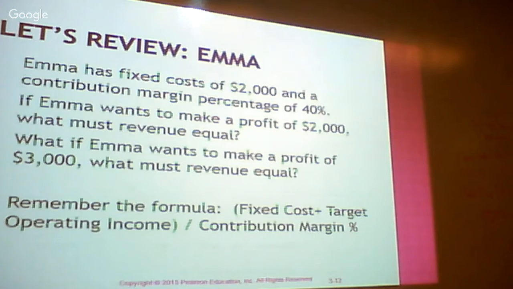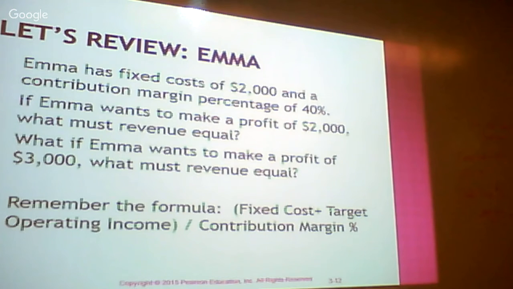So I just have bullet points, so I don't have the words messing me up a little bit. All right, it says Emma has fixed cost of 2,000 and a contribution margin percentage of 40%. So we have 2,000 fixed cost and contribution margin percent equals 40%.